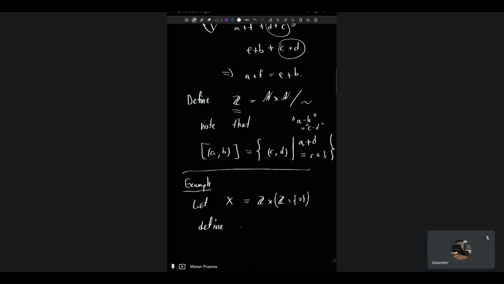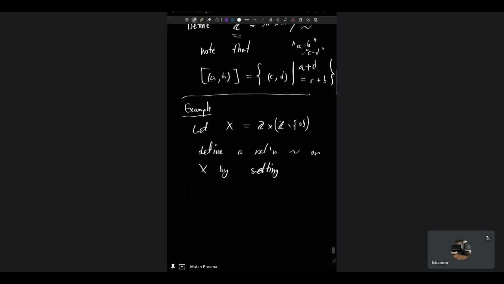Define an equivalence relation tilde on X by setting a pair A comma B is equivalent to a pair C comma D if and only if A times D is equal to C times B.